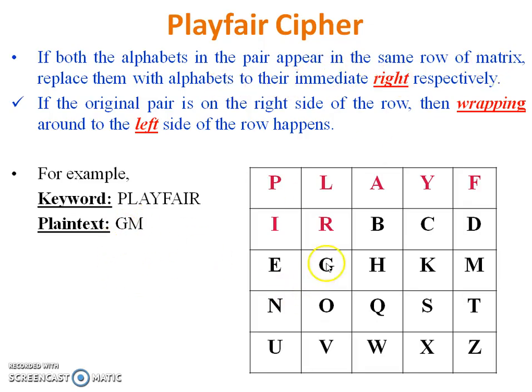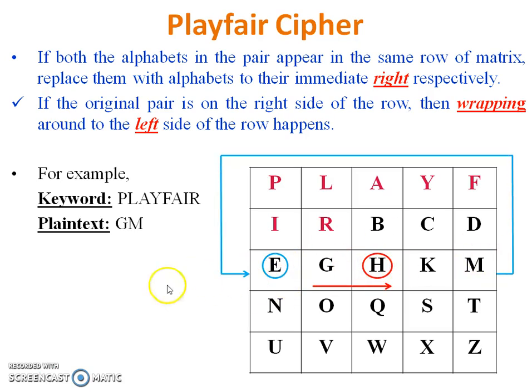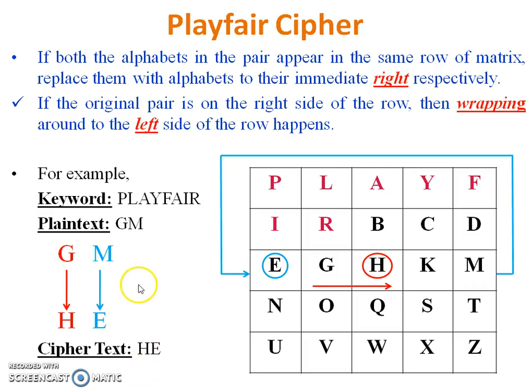So the first letter is G, replaced with H. If the original letter is on the right end of the row, then wrapping around to the left side of the row happens. The second alphabet is M, the last character of this row, so it wraps around and comes over here. So M is replaced with E. So G is replaced with H and M is replaced with E. As per the given plaintext my ciphertext is HE.